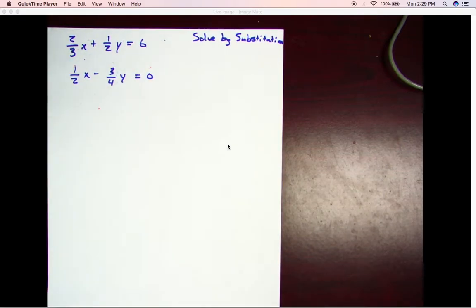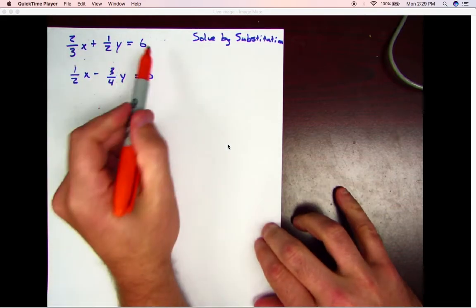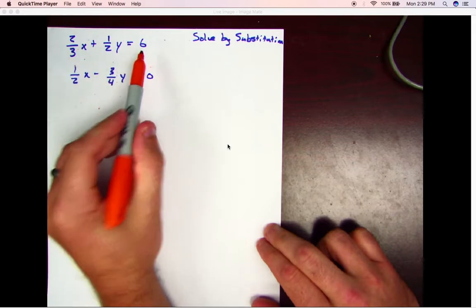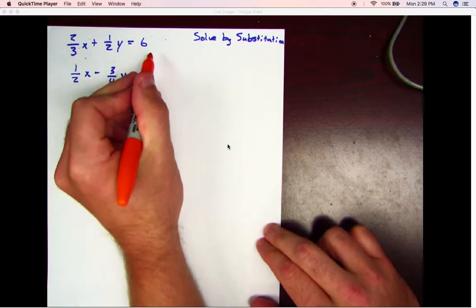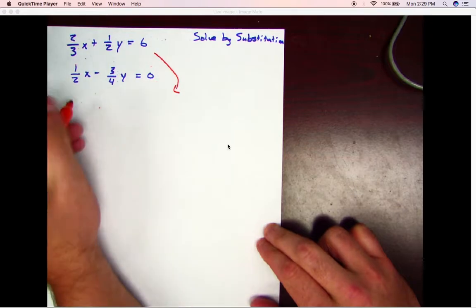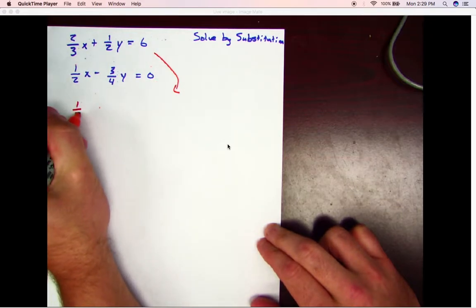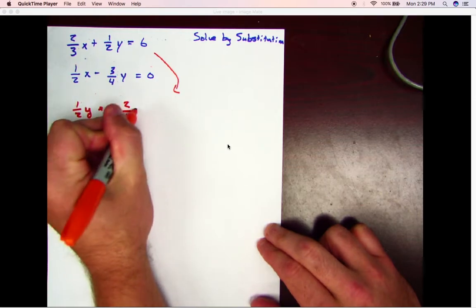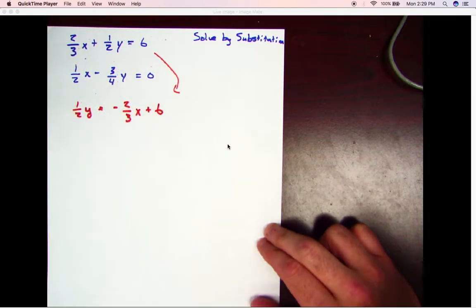I'm going to take this equation, my first equation, and I'm going to solve it for y, meaning I'm going to subtract the 2/3 x on both sides. So when I come down here, I will have 1/2 y is equal to negative 2/3 x plus 6.